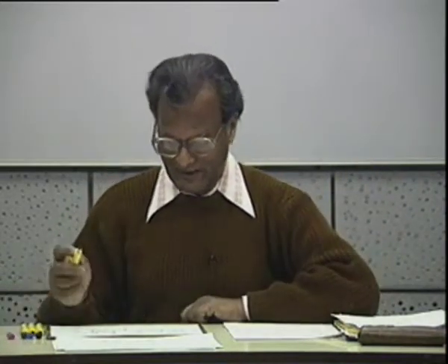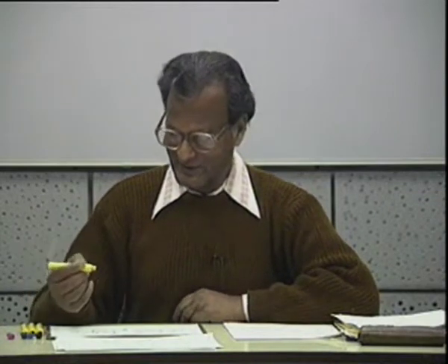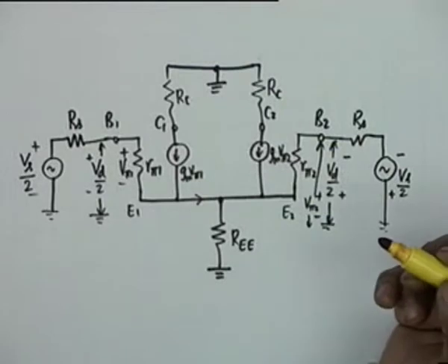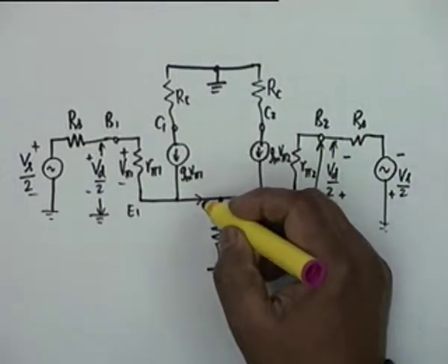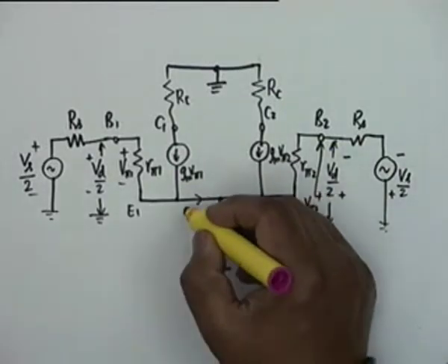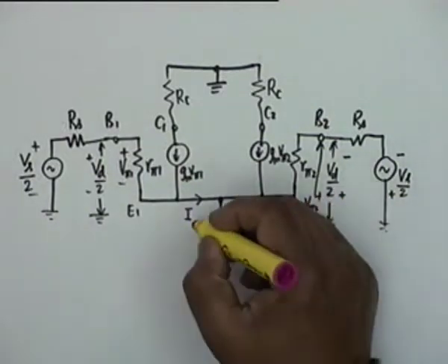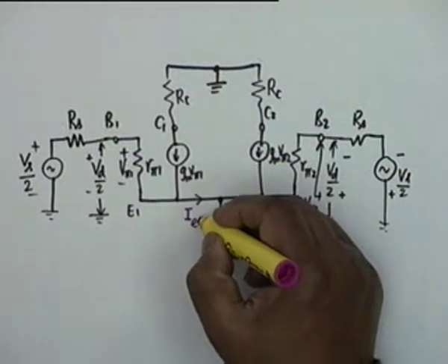And that trick, before I explain this trick, let's notice that the AC current that flows here, let's call this small e 1.